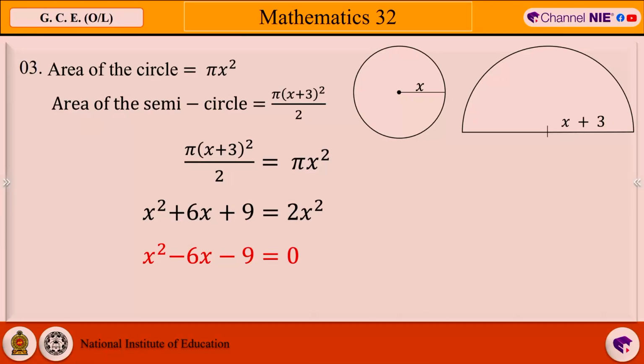Now, we have to solve this for x. By obtaining the area of the semicircle, you get 1 mark, making them equal another 1 mark, and to simplify it for the final quadratic equation, another 1 mark. Altogether 3 marks for that.